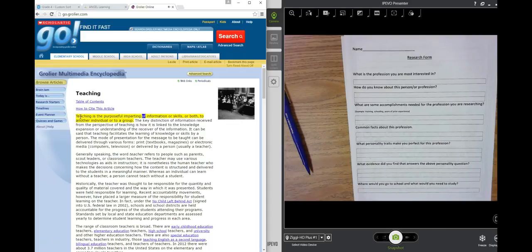Teaching is the purposeful imparting of information or skills, or both, to another individual or to a group. The key distinction of information received from the perspective of teaching is how it is linked to the knowledge expansion or understanding of the receiver of the information. It can be said that teaching facilitates the learning of knowledge or skills by a person. The mode of presentation for the message to be taught can be delivered through various forms.